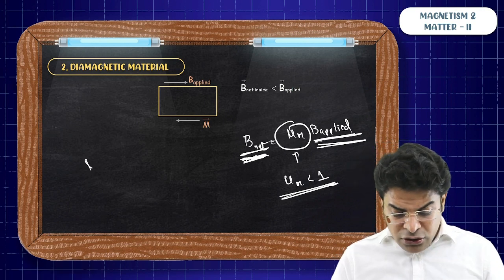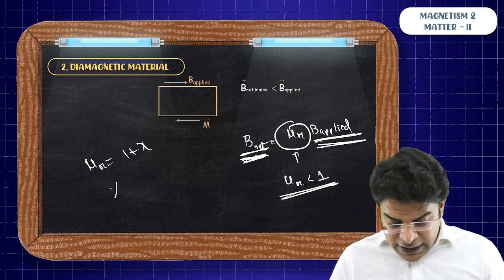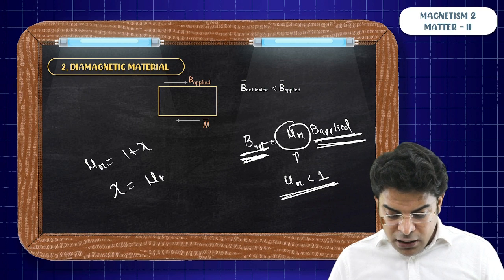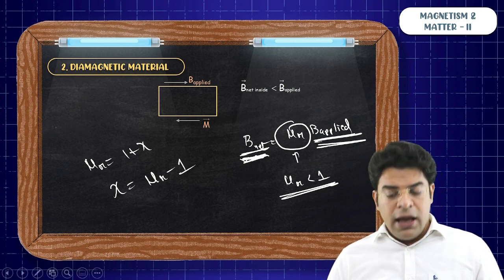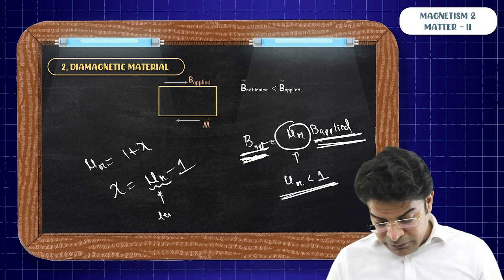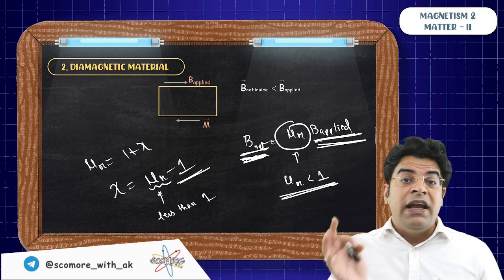And we also knew that mu r equals 1 plus psi. So we can write the susceptibility psi equals mu r minus 1. And if this number mu r is itself less than 1, then a number less than 1 minus 1 will give you a negative number.